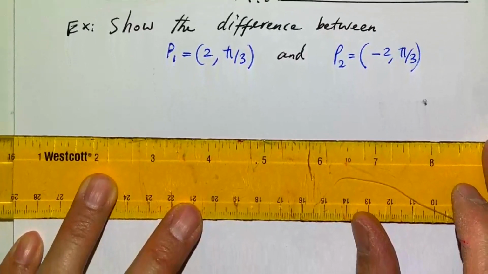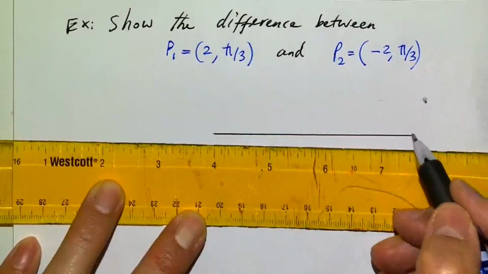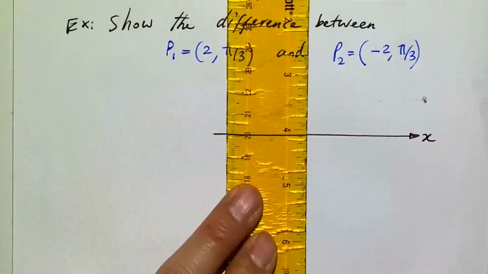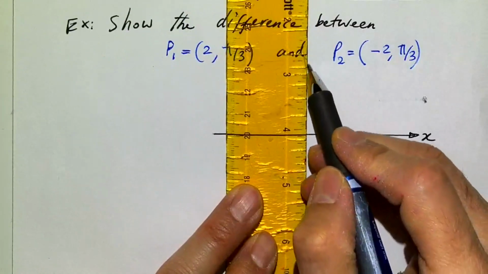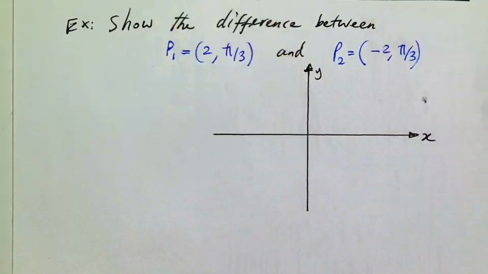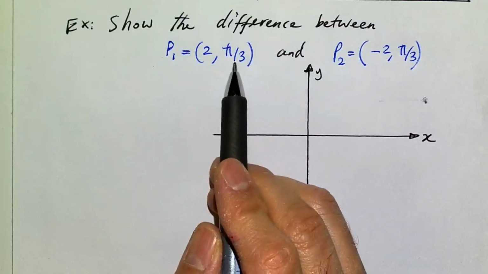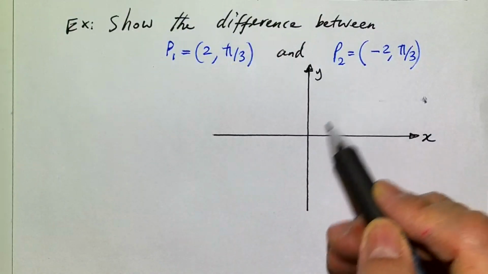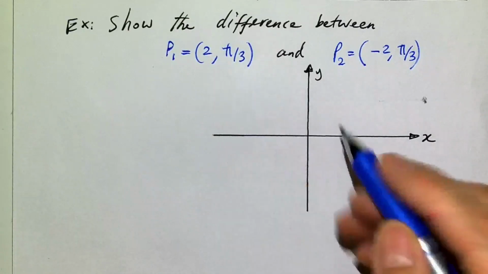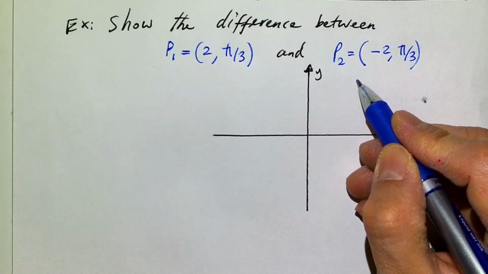So we have our x-axis here and the y-axis. Let's start with this P1, right? We know how to plot that. Pi over 3 is for sure in the first quadrant. So that would be 60 degrees from the positive side of the x-axis. Let's say somewhere here.